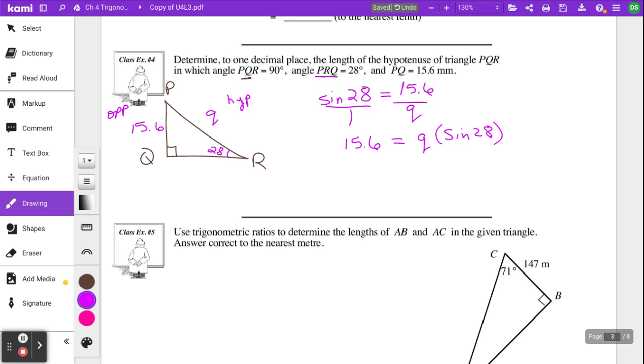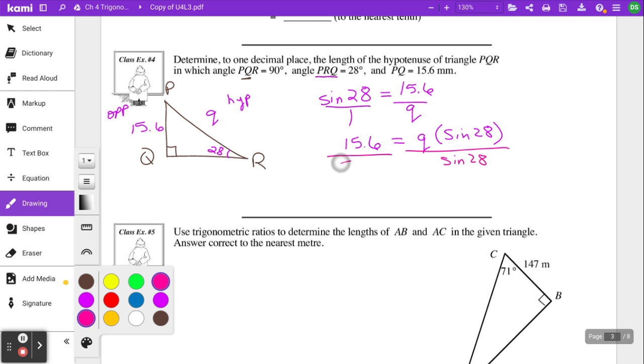You're not going to go sine 28 times 15.6. No, you're going to go 15.6 divided by sine of 28. So show me your steps, get it right, don't make a mistake because you didn't cross multiply properly. Now take your calculator, 15.6 divided by sine of 28, and give me the answer to one decimal place.